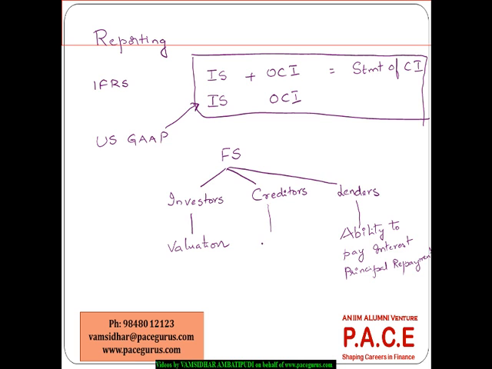Creditors would typically look at it for the company's paying capacity. Is the company sufficient enough to pay back for the raw materials or for any other credits the company has taken during the short term? All these things go as a part of the income statement.